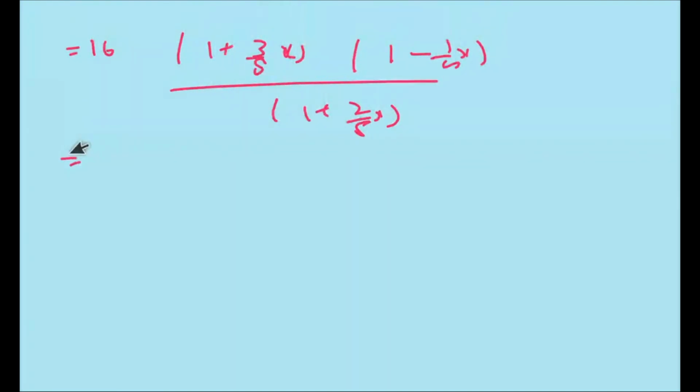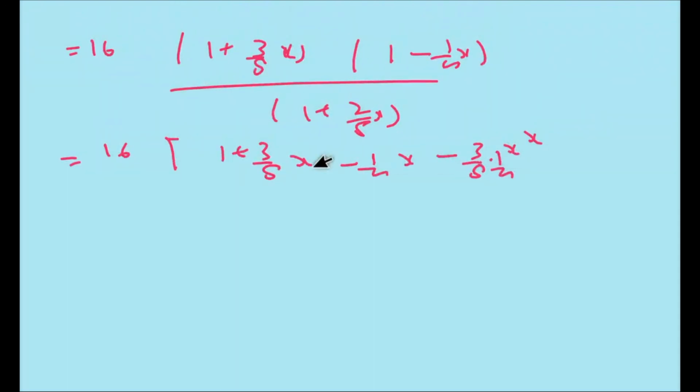And now what is the next term? Next term we will multiply this. What we get here, 1 plus 3 by 8x, and minus 1 by 4x, minus 3 by 8x into 1 by 4x square.